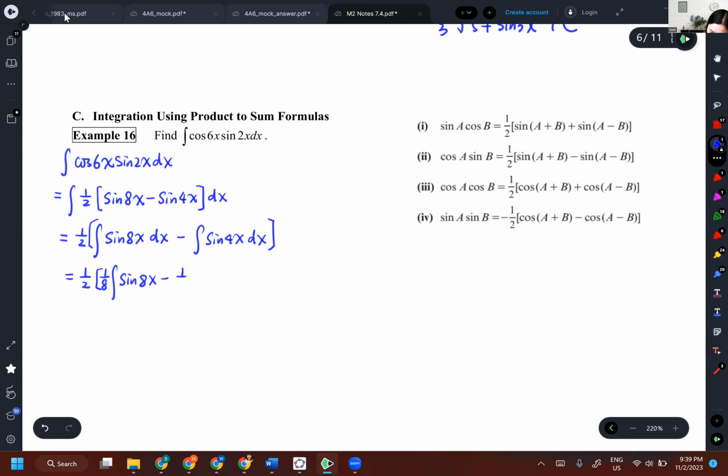Eh? Why do I always do that? 1/4 sine 4x d4x. And then it's 1/2, 1/8 negative cosine 8x minus 1/4 bracket negative 1 over negative cosine 4x plus c.